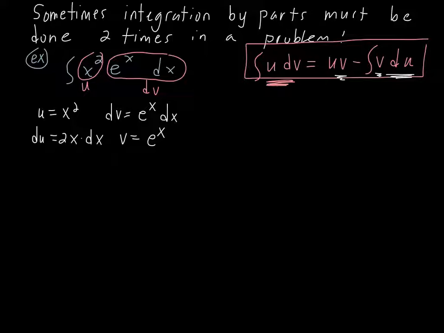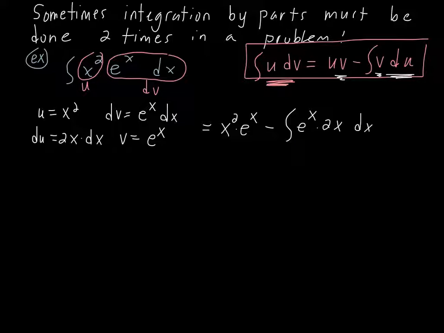So now it's just a matter of plugging into our formula, guys. We have this u times v, so the u is x squared times the v, e to the x, minus an integral of v, which is e to the x again, and then our du is 2x dx.